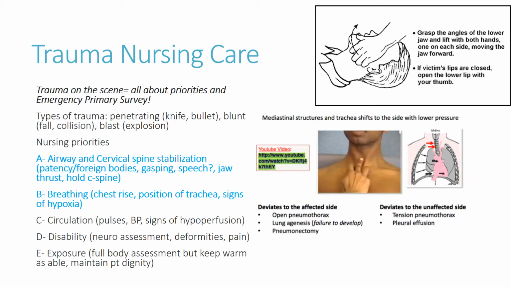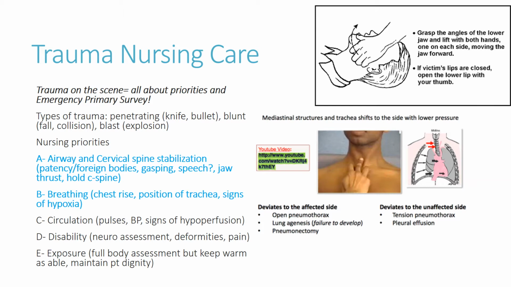We're taking their cervical spine out of alignment if we do a head tilt chin lift. And do we know if they've injured their cervical spine? Not officially right at the scene, especially if we didn't witness the event. But if we can't rule out a possibility of a cervical spine injury, we need to take measures to protect their C-spine and hold their head and neck in alignment. So that's where that jaw thrust comes in.